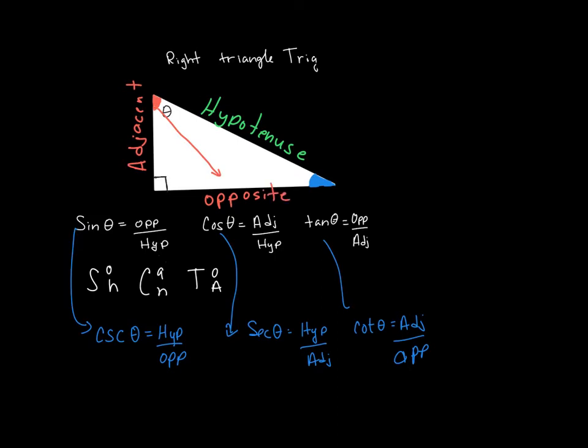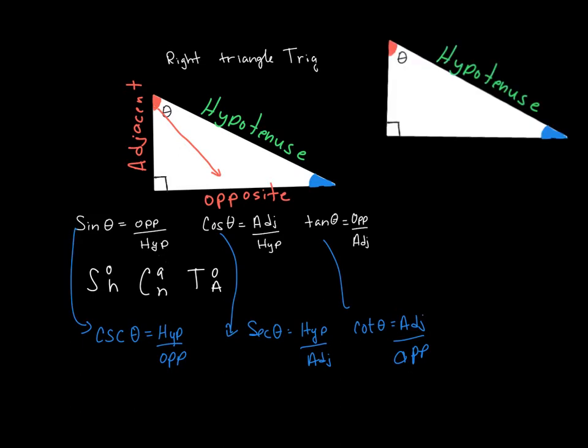Now, if we go ahead and give this some values, you can go through and find the sine, cosine, and tangent. If this is a 3, 4, 5 Pythagorean triple, where 3 and 4 are the legs of the triangle, the sine of theta is the opposite, or 4 over 5, the hypotenuse.